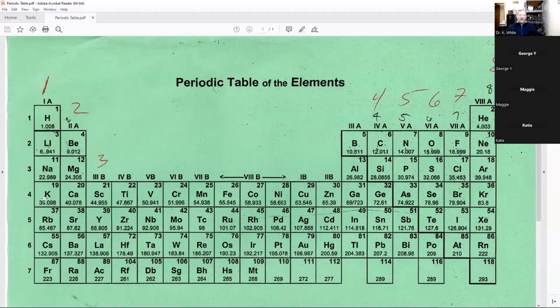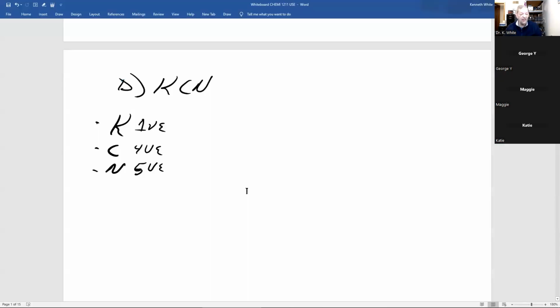And you know alkali metals and alkaline earth metals, first and second column, always form an ion. And just like sodium, potassium forms a +1 ion. So I know this can't be in a covalent bond because it forms this ion. Now, carbon and nitrogen can.